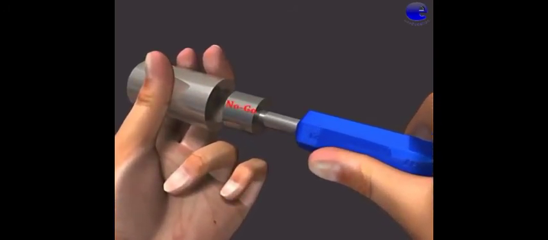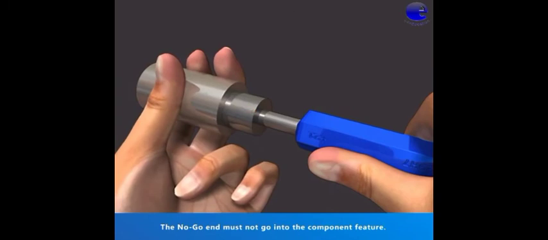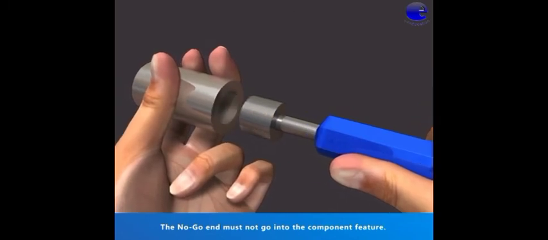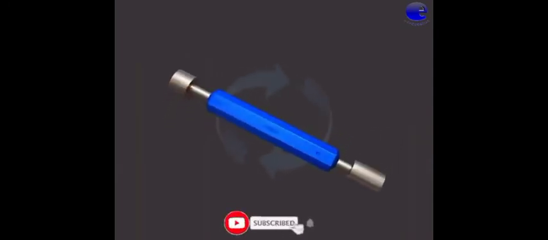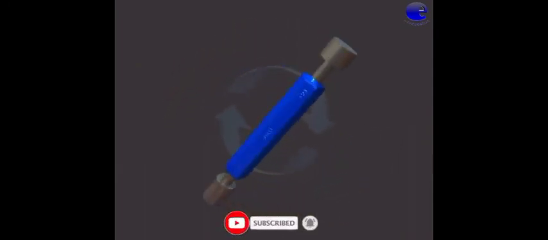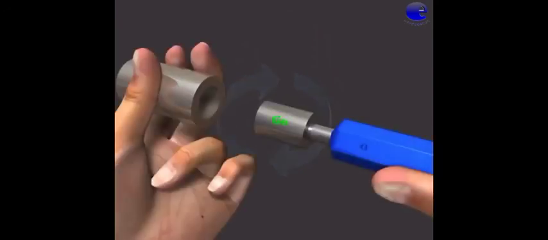No go. The no-go end must not go into the component feature. Go.